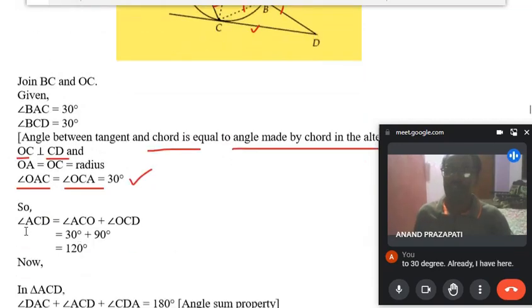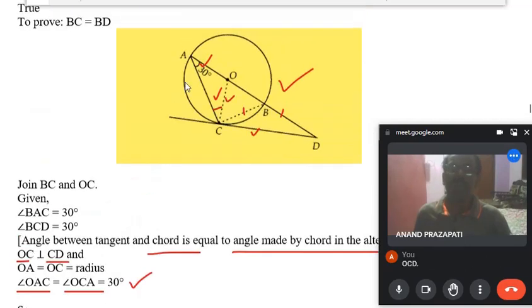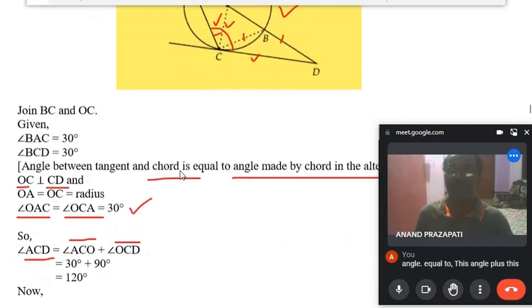So angle ACD equals angle ACO plus angle OCD. It means that this angle equals this angle plus this angle.